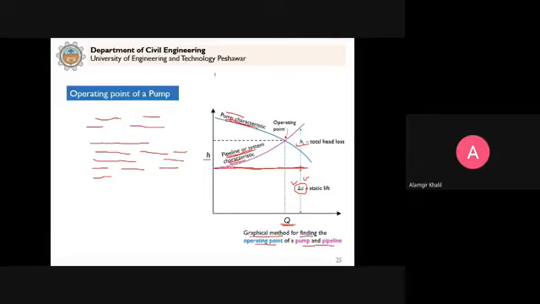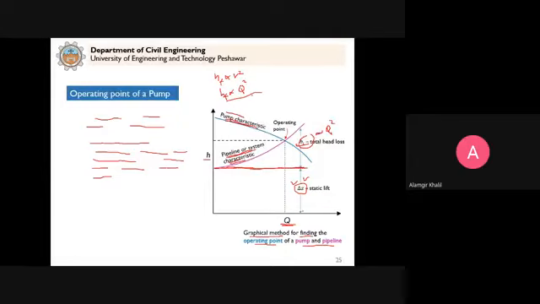Because we already discussed that HF is proportional to V square. Clear? So it means that this HF is approximately proportional to Q square. So that's why this head loss is approximately proportional to Q square.